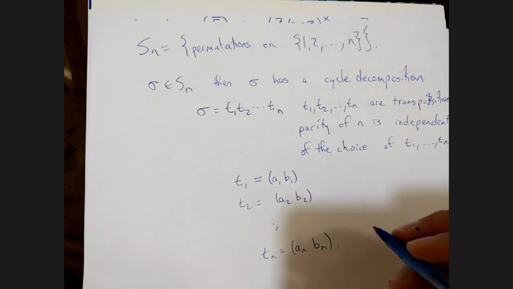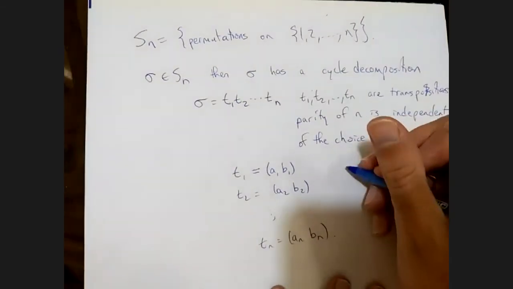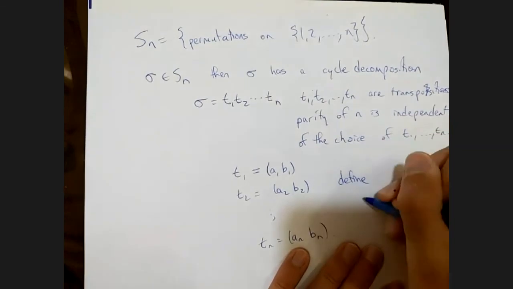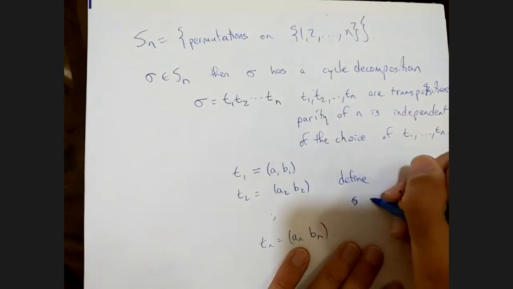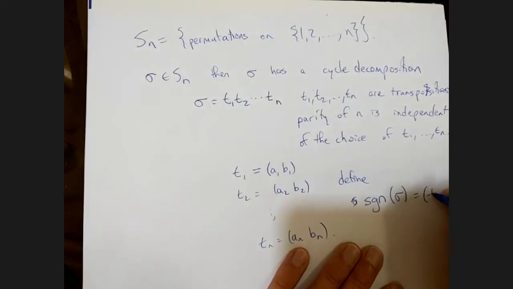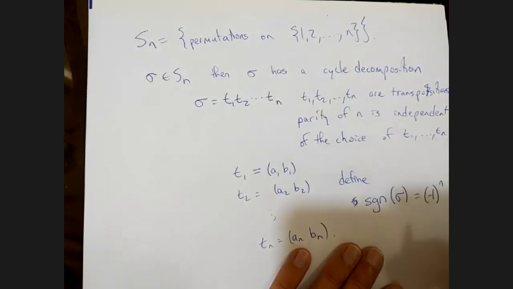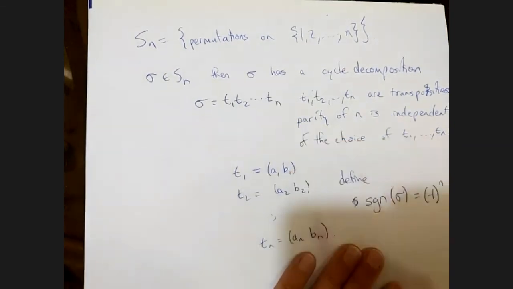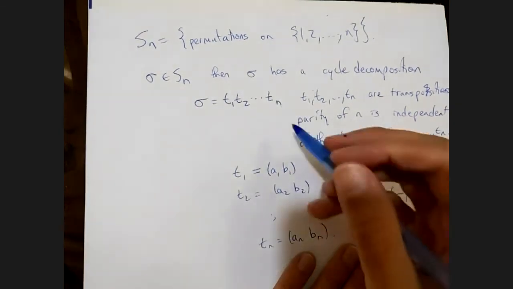Okay, and then the last thing I want to say before we take a break is that we can define the sign, sgn of sigma, to just be (-1)^n. So the sign of sigma is 1 if n is even, and the sign of sigma is -1 if n is odd.